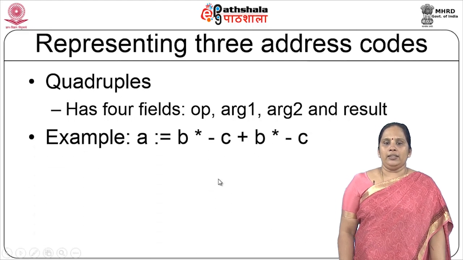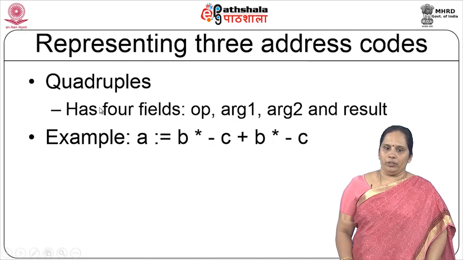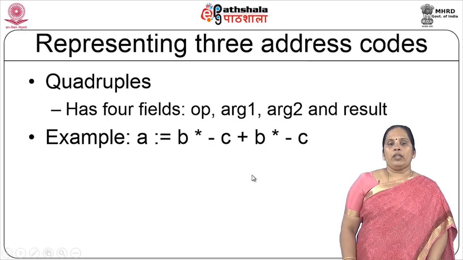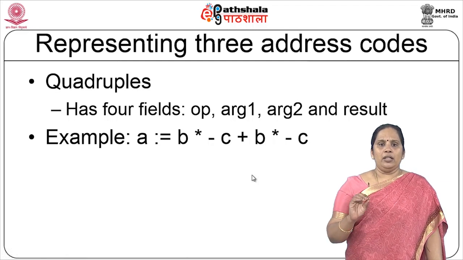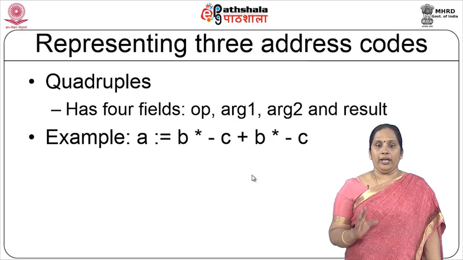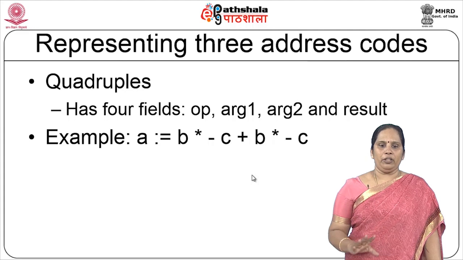Consider this example. As I said earlier, this example is going to be carried forward for a sequence of examples. So A is equal to B into minus C plus B into minus C. I am not doing any optimization here. I am simply converting it piece by piece based upon the input syntax tree. Again, input is a syntax tree, output will be a 3 address code for that particular syntax tree.